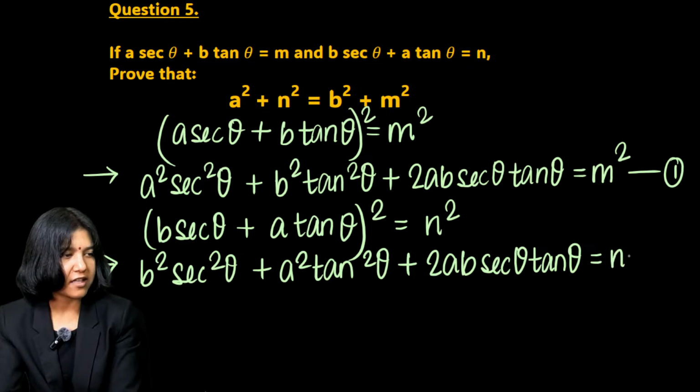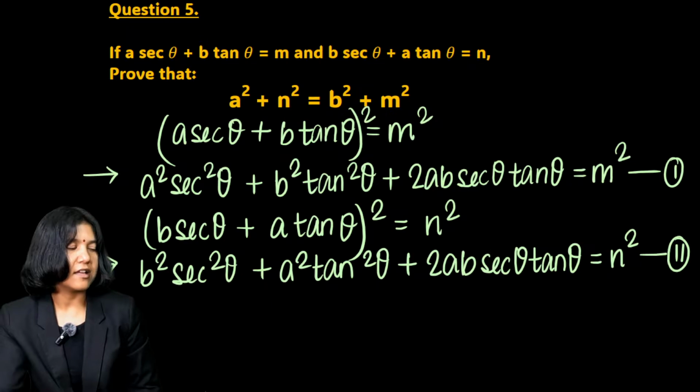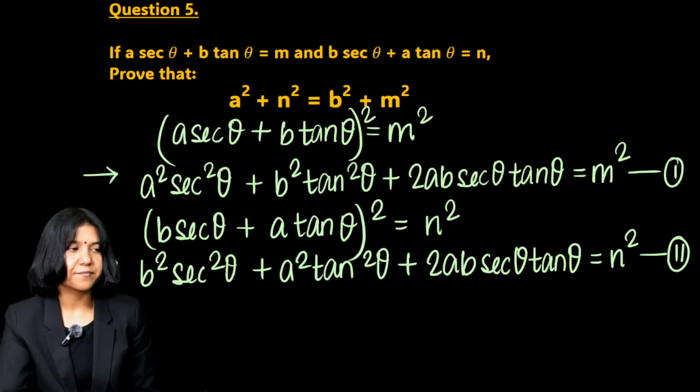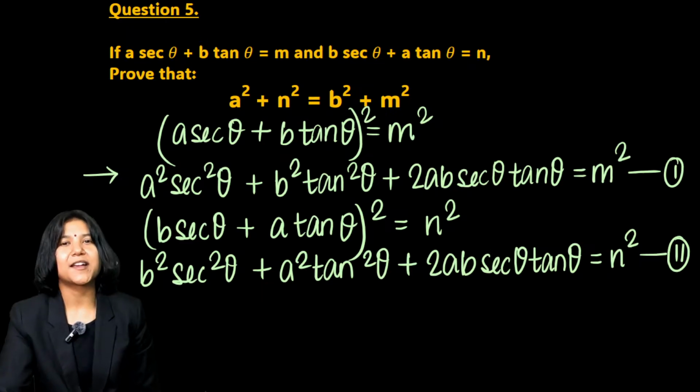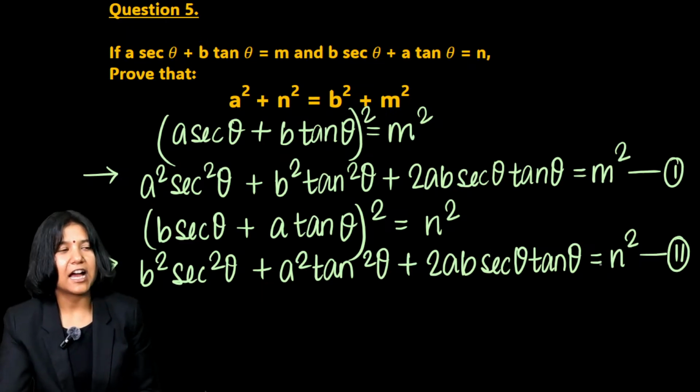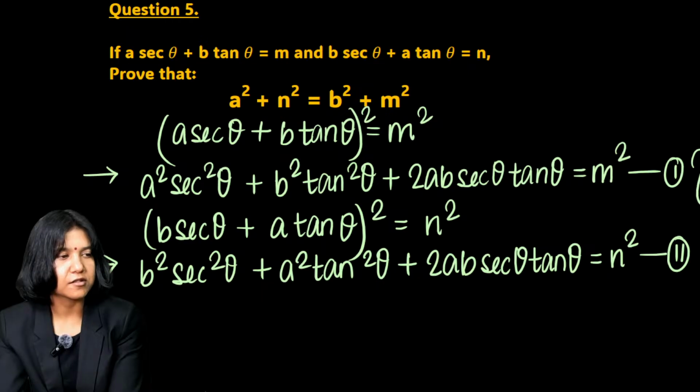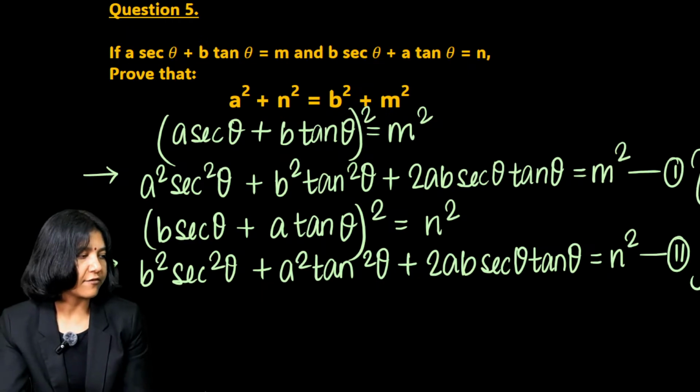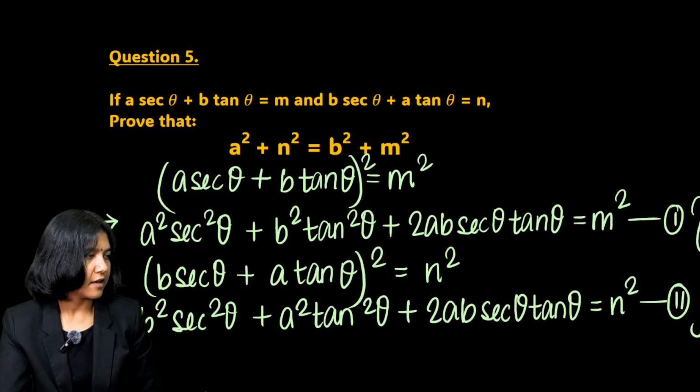There is one thing in common between the two equations I got, and that's the 2ab part. Now, because I have something that I can cancel out, I will subtract the two equations.